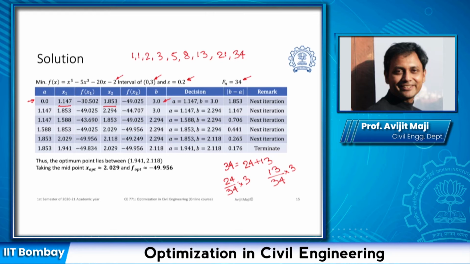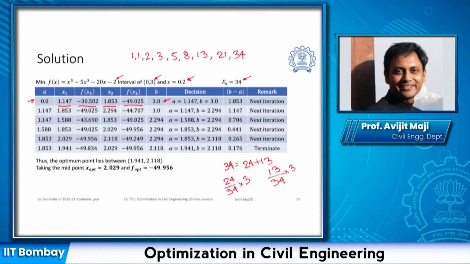Now if we evaluate the function at these 2 points, for the first point we see that our objective function value is negative 30.502 and for the second point it is negative 49.025.